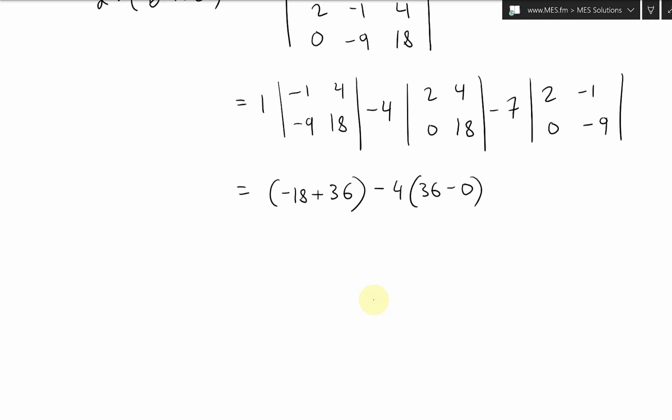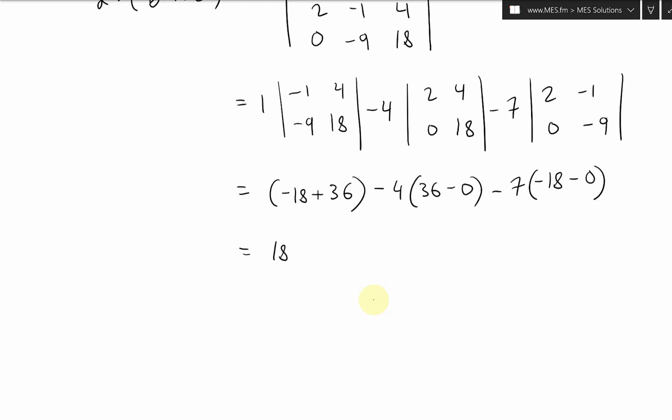And then the next one is minus 7 times negative 18 plus 0, because negative 1 times 0 is 0. So negative 18 plus 36, which is the same as 36 minus 18, is just 18.